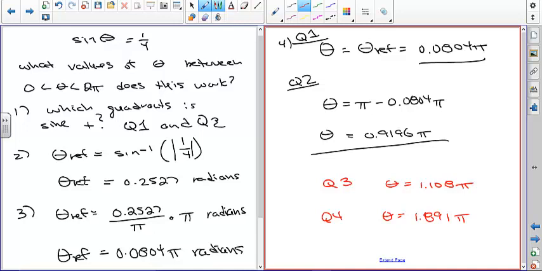So when you take the inverse sine of a third, what do you get? Did you get that part yet? 0.3398? Yeah. So when you take the inverse sine of a third, you get 0.3398.